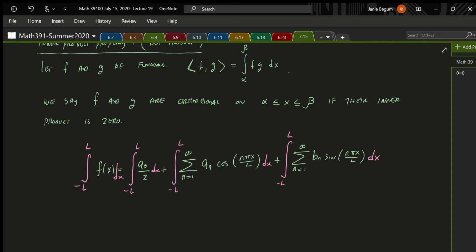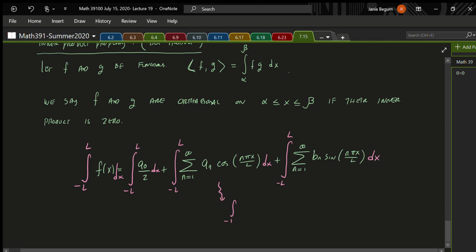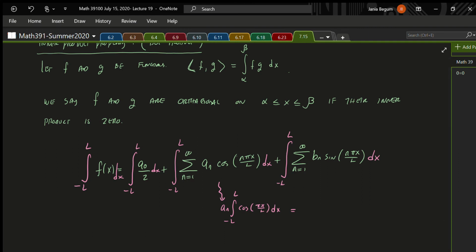In the back of your head, you should be thinking, you're integrating from negative L to L of an cosine of pi x over L dx. Well, what is this integral?